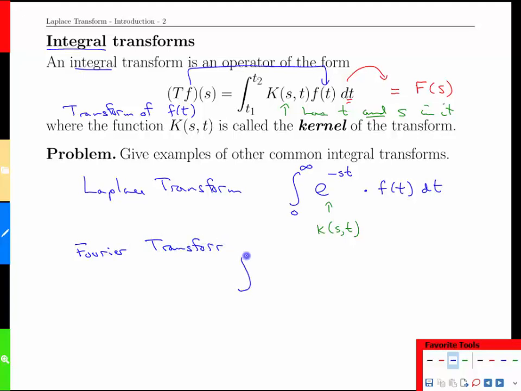The Fourier transform is an integral from negative infinity to infinity, and depending on whether you're a physicist or a mathematician, the transform is sometimes written as f of t e to the minus 2 pi i st dt. And again, we have the same K of s,t form here, the same kind of idea of a kernel.